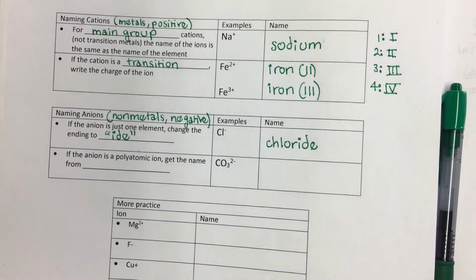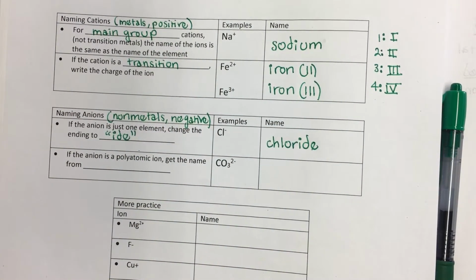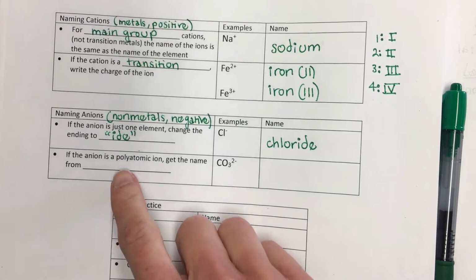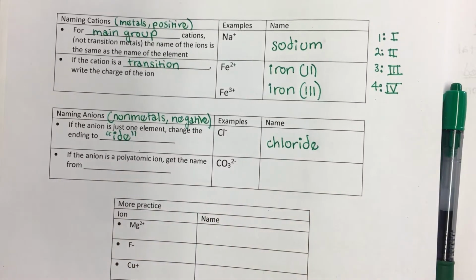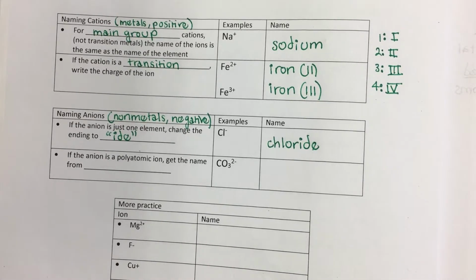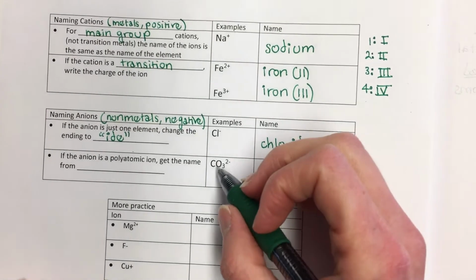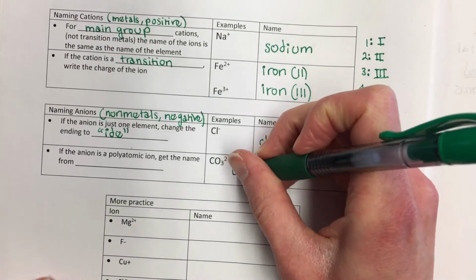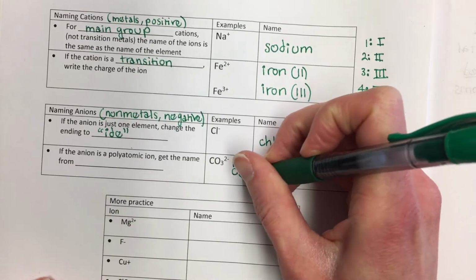Okay, now one more big concept. There are these things called polyatomic ions. Polyatomic ions are ions that are made of more than one atom, and the atoms are sharing a charge. So for example, there is a polyatomic ion called CO3, and this is what it actually looks like.